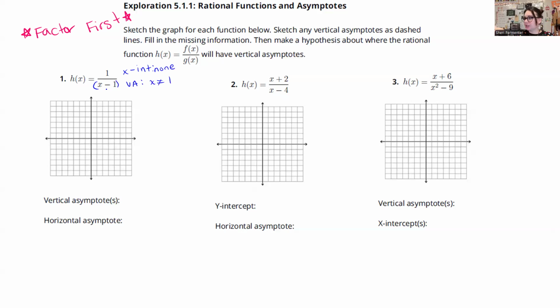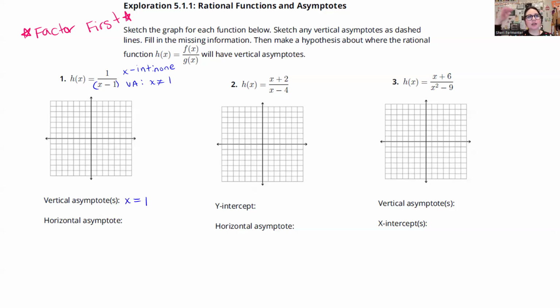Now keep in mind, if they ask you for the equation of the vertical asymptote, it is an equals equation, but I just write it as not equals, so I remember my graph doesn't live there. So down here, when it asks for vertical asymptotes, I have to write it as x equals 1, but your graph doesn't actually live there. So the line is going to be x equals 1.